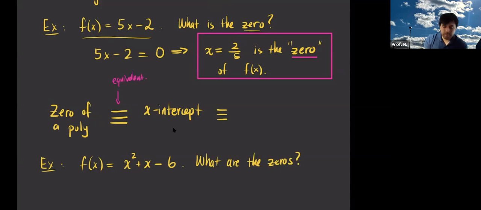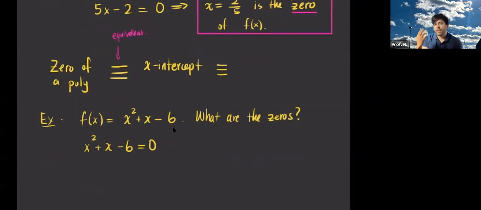What are the zeros? So what do you have to do for this, guys? Set it equal to 0 again, right? And this is now a higher degree polynomial. This is a second degree polynomial, aka quadratic. So what do we do with the quadratics? We have to factor, correct? So this becomes x plus 3, x minus 2.